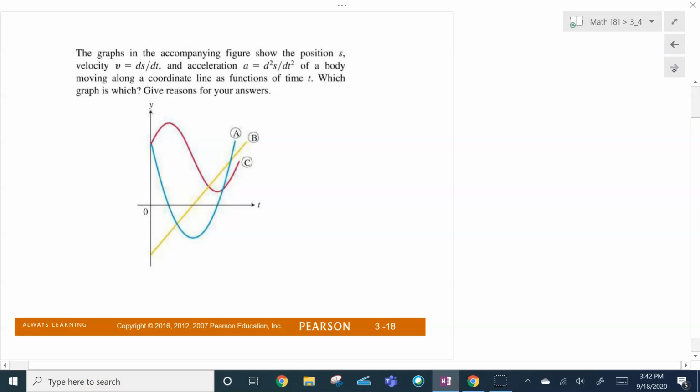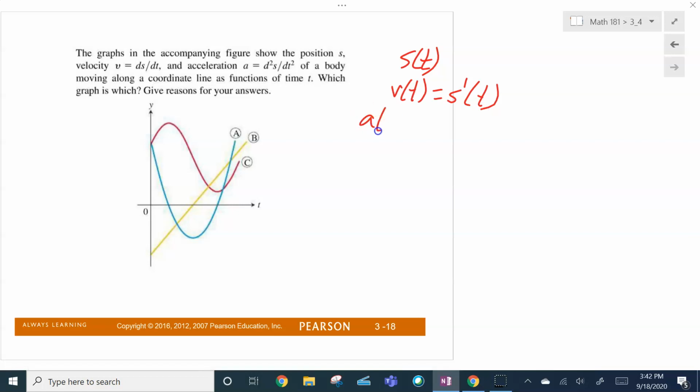All right, some graphs here. Let's see if we can figure out which is position, which is velocity, and which is acceleration. Now, what I like to do, especially if it looks like a bunch of polynomials, is think to myself that the derivative, when I'm using the power rule, is going to decrease the power by 1, right?